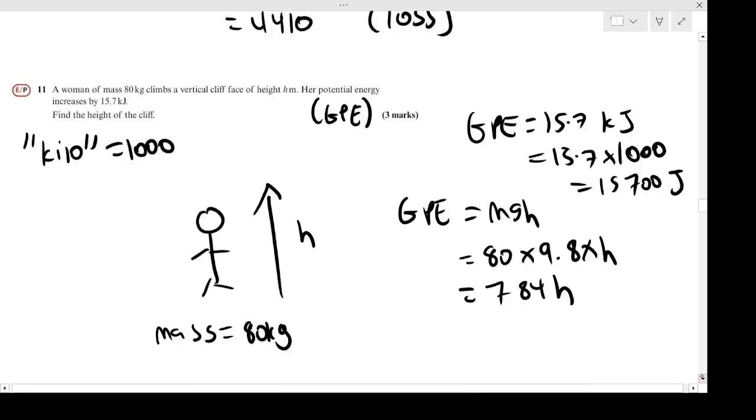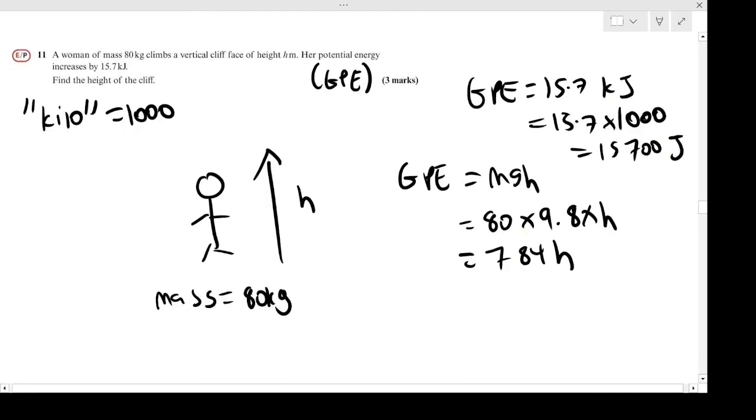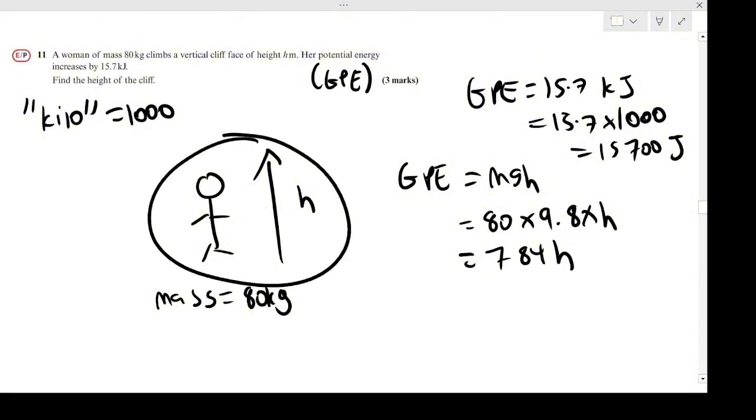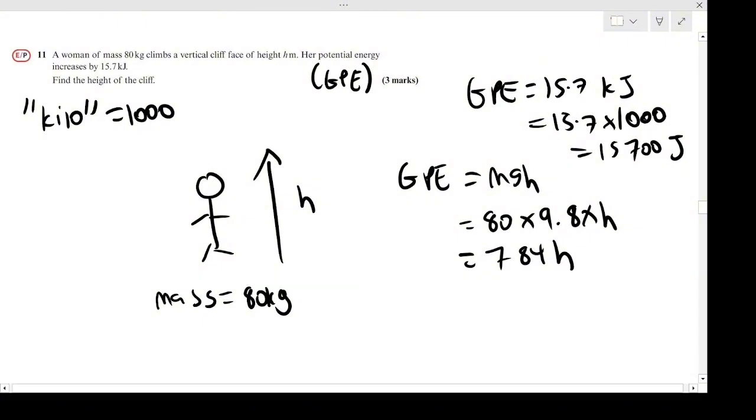So the GPE, the potential energy gained. Why is it a gain in energy? Because the person's climbing up. It's going upwards, she's gaining height. So that has to equal this 784h. So we get the equation 784 lots of h is 15,700.